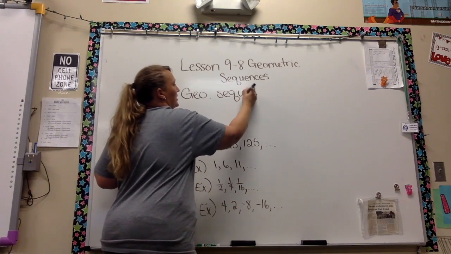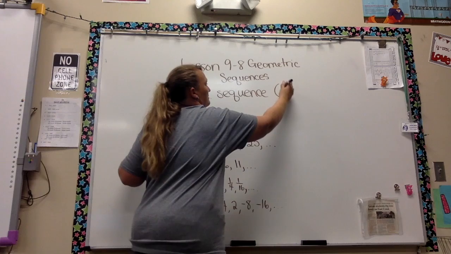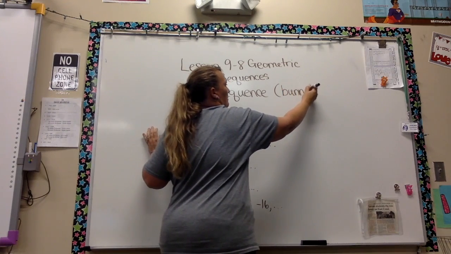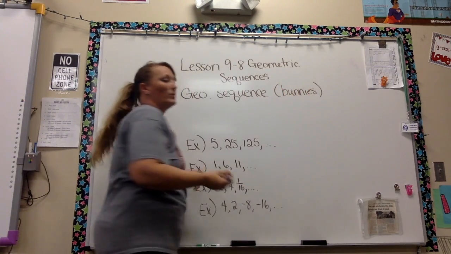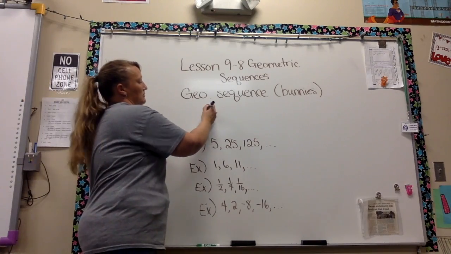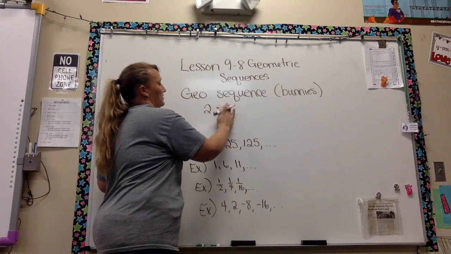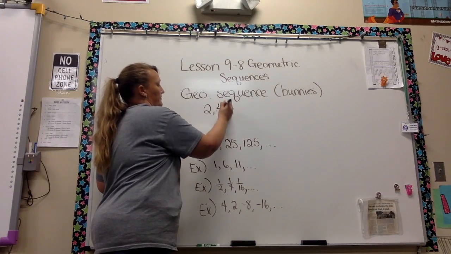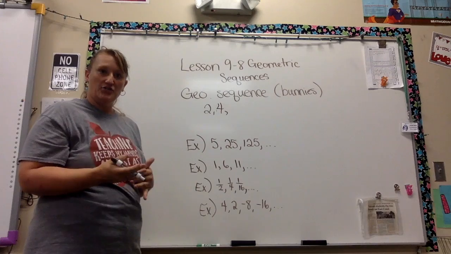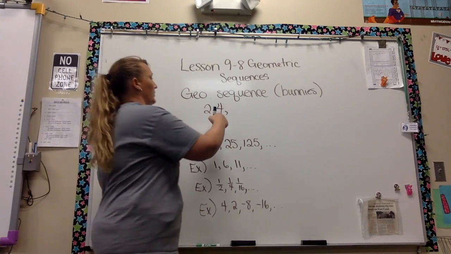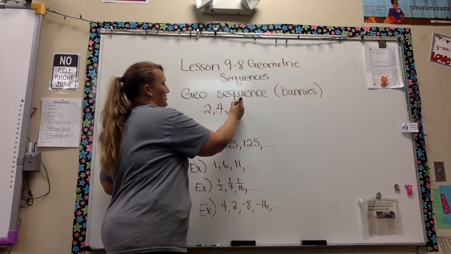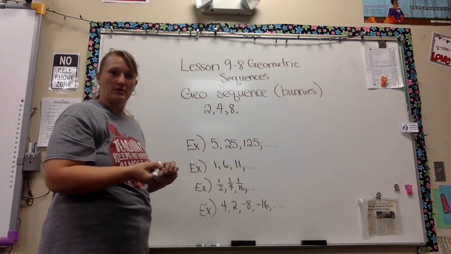A geometric sequence, kind of like our bunnies, we started out with 2 rabbits, and then each of those rabbits had 2 rabbits. So that made a total of 4 rabbits in the second generation. And then each set of those had 2 rabbits, so you ended up with 8 in the third generation.